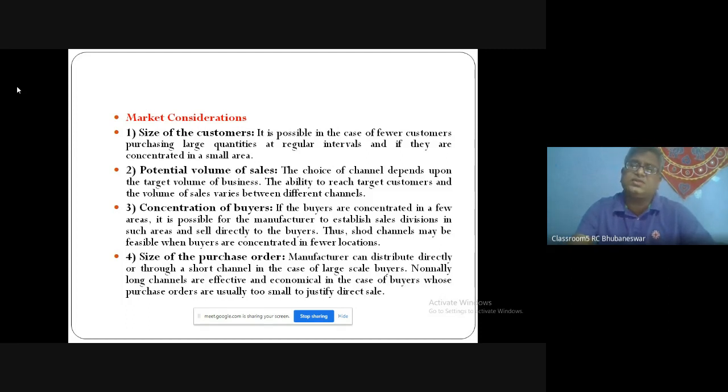Through this you can concentrate on a specific buyer, and these buyers can purchase a specific type of product, for which the channel is different. And according to the size of the purchase order, if it is large the channel is different, and if it is small the channel is also different. You can justify it according to the sale.